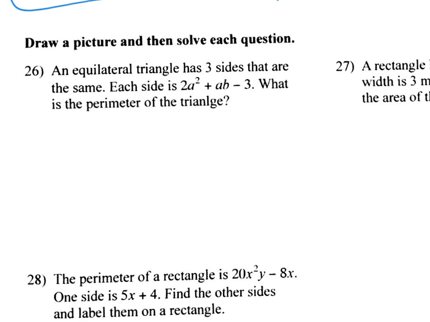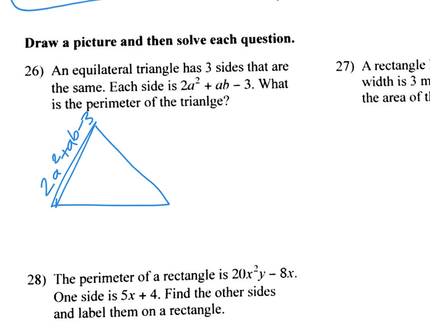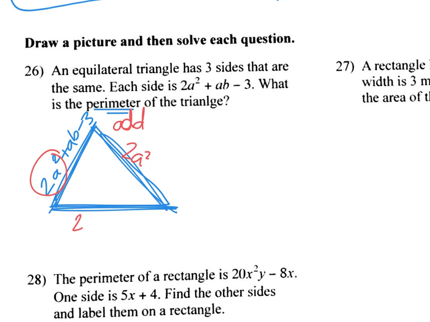All right, last part. It says an equilateral triangle has 3 sides that are the same. Each side is 2a squared plus ab minus 3. And if they're the same, that means all 3 of these are going to be that same amount. And perimeter means I want to add. So each side is going to have a 2a squared, which is going to give me 6a squared.